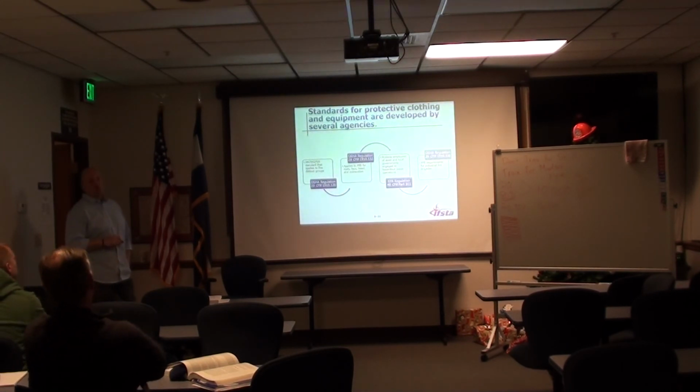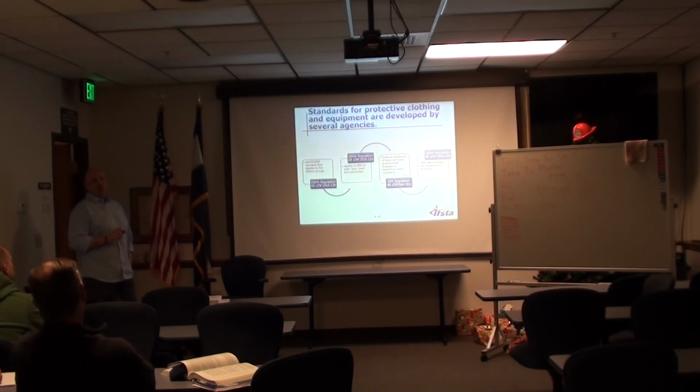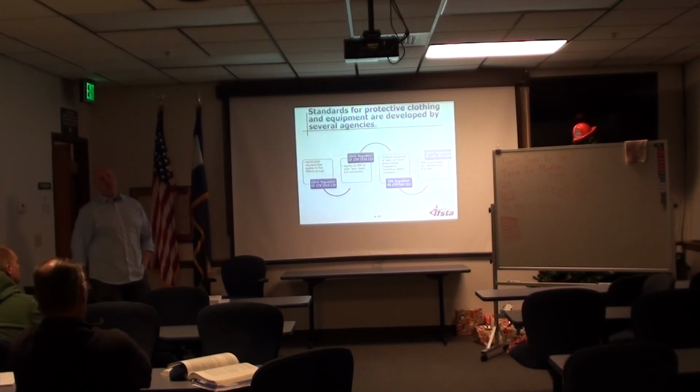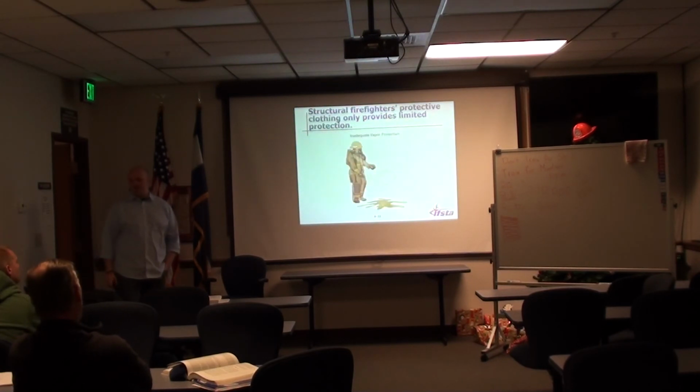There's a subsection within 1910.120, subsection Q, if you care to look it up. It is specific to HazMat operations for state and local authorities. And then 1910.156 is PPE for industrial fire brigades.